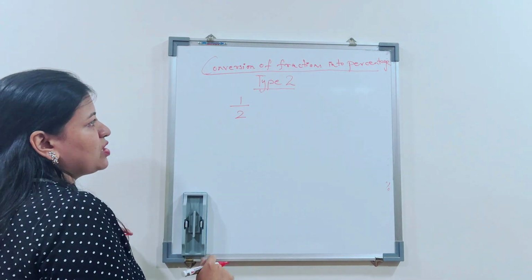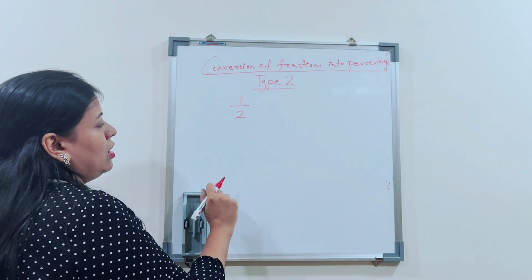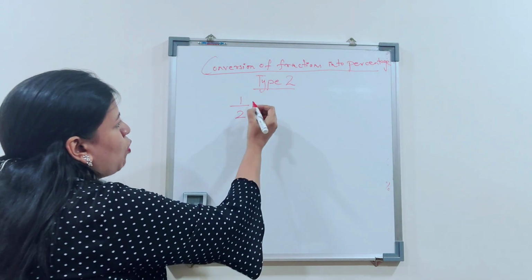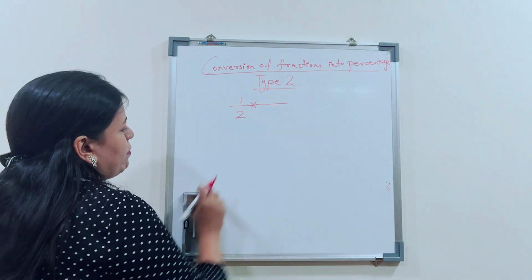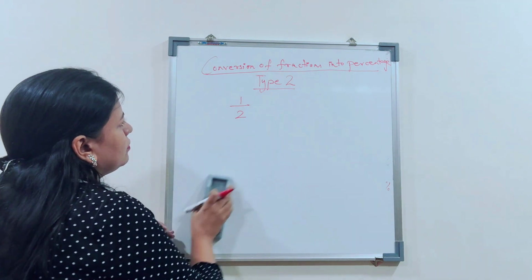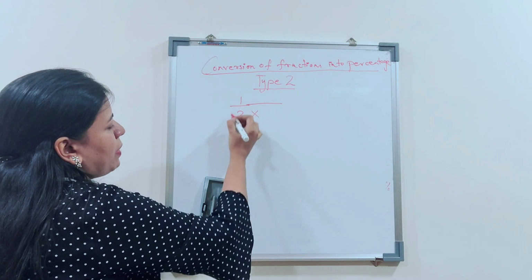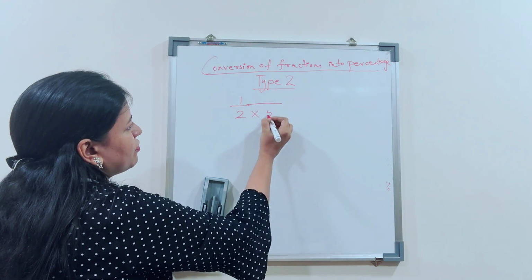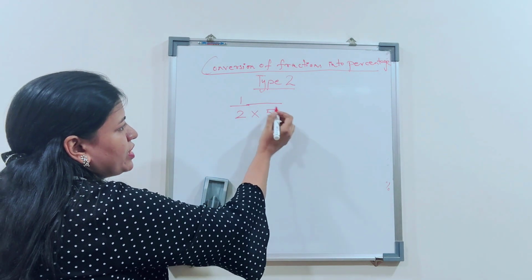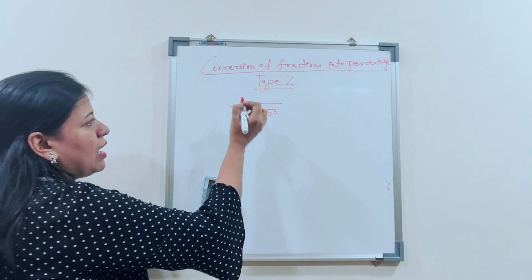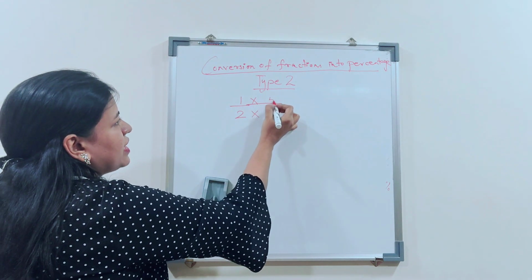We need an equivalent fraction where we have to have denominator 100. Now how do we do that? What we do is, to make the denominator 100, we multiply 2 with what? 50, because 2 into 50 will give me 100. Now, whatever we do with the denominator, same thing has to be done in the numerator. So, 1 also has to be multiplied with 50.